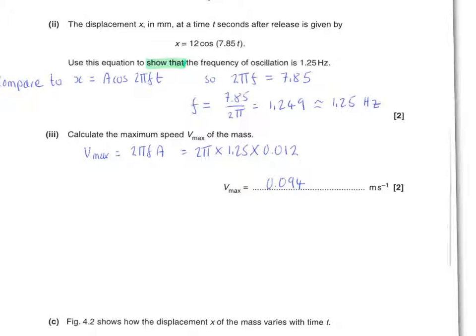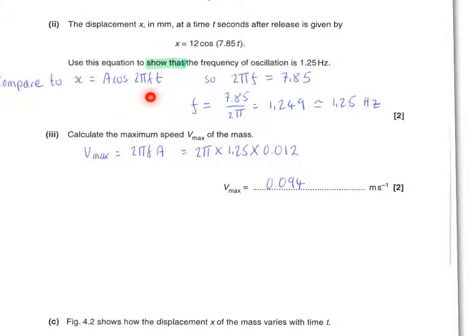We now come to a part of a question where it is using maths to express what's going on in this oscillation. So you have a specific equation here that refers just to this example. And from that you have to identify the frequency. Begin by making a comparison with the general equation for displacement that you would find on the data sheet.